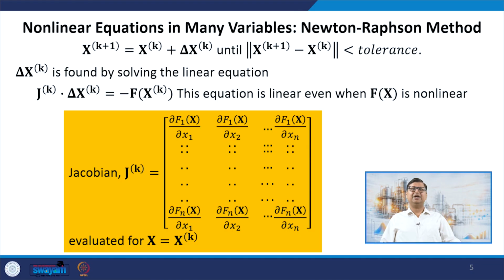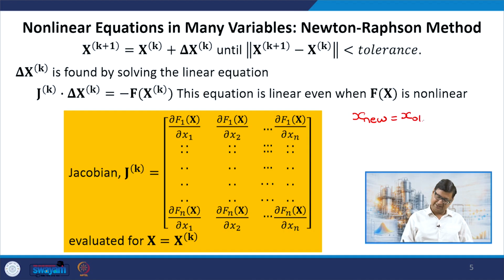But then I can apply the same logic to the Newton Raphson method. We have the method for one variable, so why not extend it to multiple variables, right. Just to recall, for one variable we had x new is x old minus function of x old divided by f prime of x old.